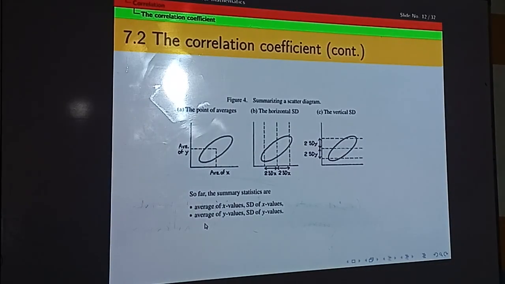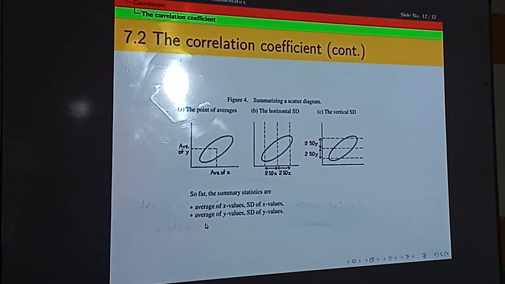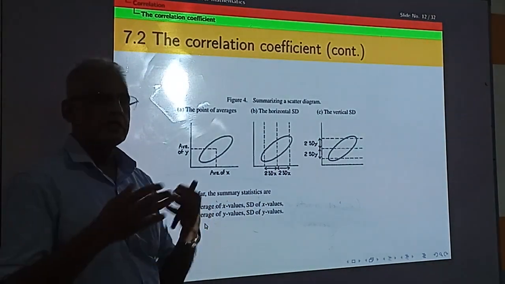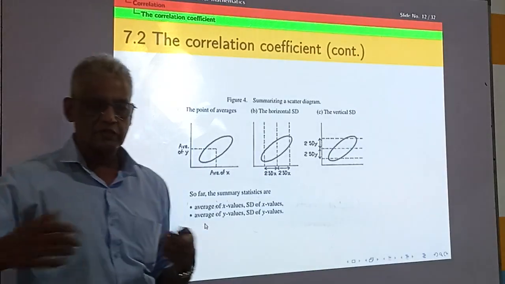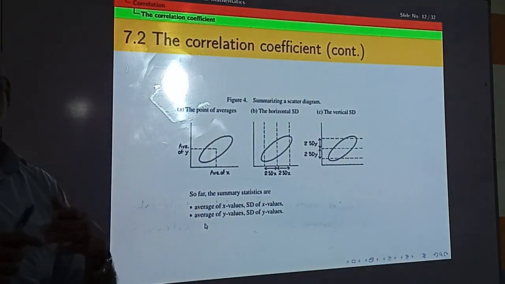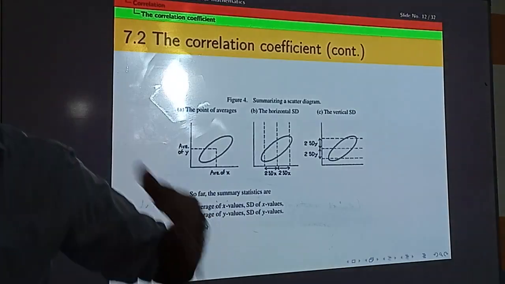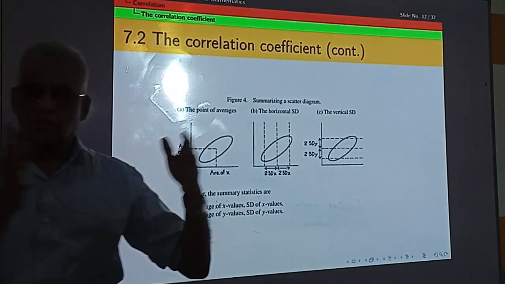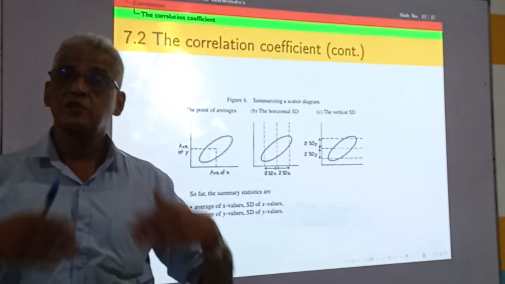So you can have a rough idea about the football if you know the mean of x values and the standard deviation. If the x values are roughly normally distributed, we know 95% of the values are going to be within 2 standard deviations from the mean.